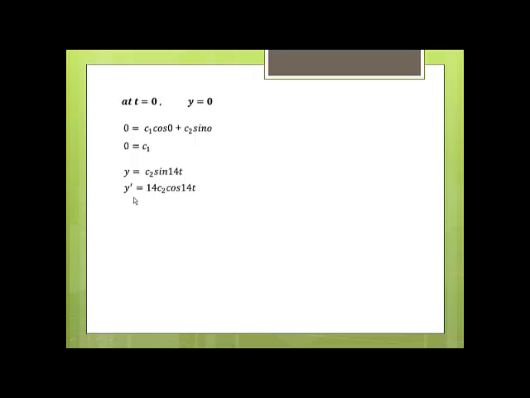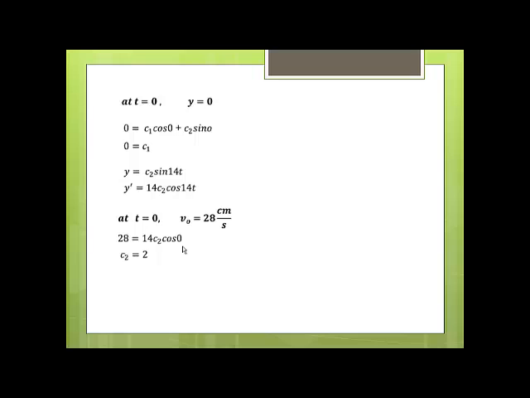Then this y prime is equal to the velocity given before. At t equal to 0, v sub o or velocity is equal to 28 centimeters per second. So we substitute the v sub o in y prime. We have 28 is equal to 14 c2 cos 0, because 14 times 0 is equal to 0.